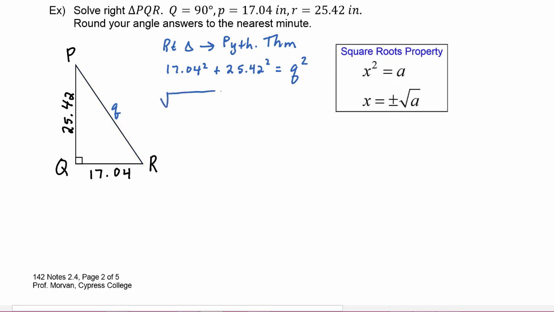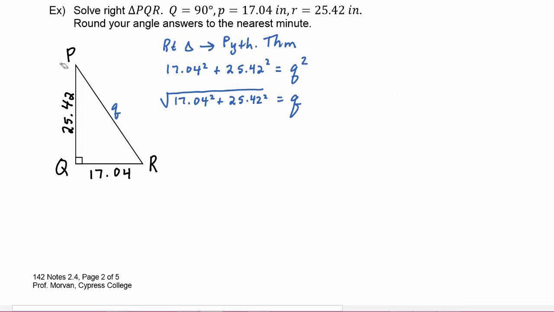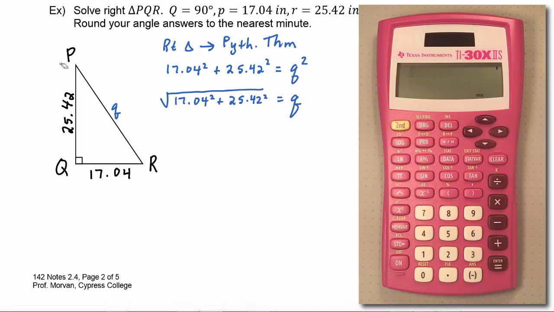So we'll have to take the square root of both sides. And of course we know since q is the side of a triangle, it has to be positive. Now we grab our calculators. We have to hit the second key to get at the square root button.